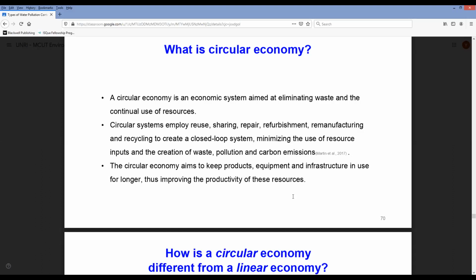The circular system employs reuse, sharing, repair, refurbishment, remanufacturing and recycling to create a closed loop, minimizing the use of resource input and the creation of waste, pollution and carbon emission. The circular economy aims to keep products, equipment, and infrastructure in use for longer, therefore improving the productivity of these resources. Next please.